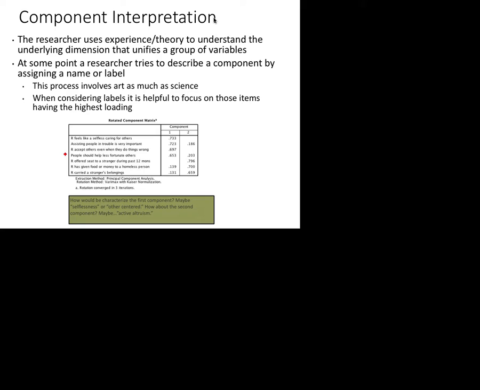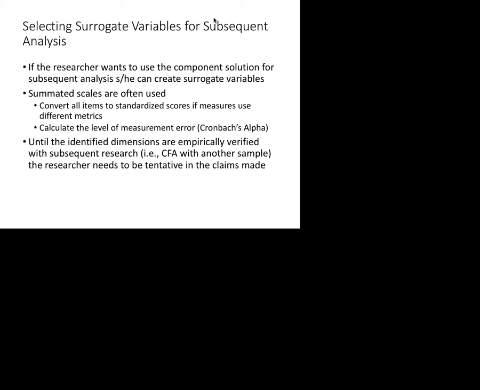So in this case, we would create some kind of surrogate variable that would use the first 4 questions as one surrogate variable, and then the other variable would be the last 3 items.